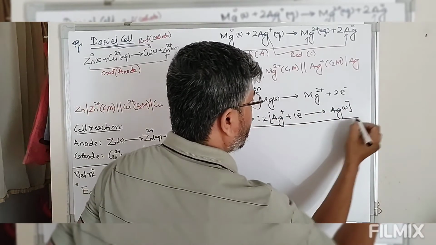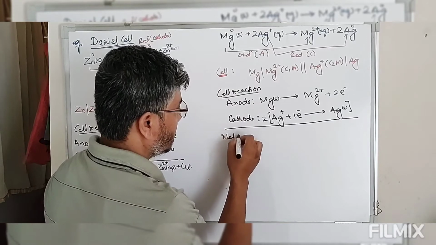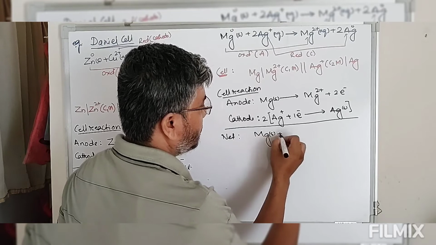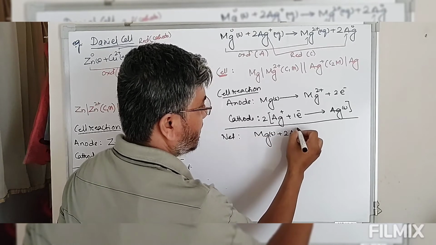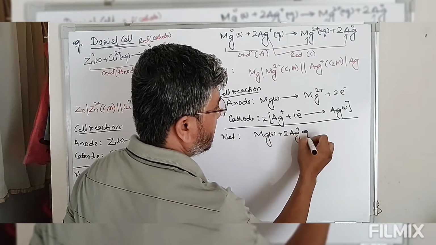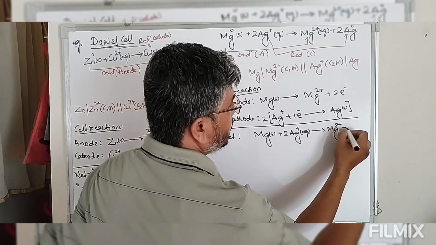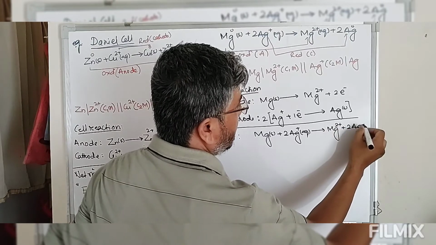So therefore the net reaction is Mg solid plus 2 Ag plus gives you Mg plus 2 plus 2 Ag solid.